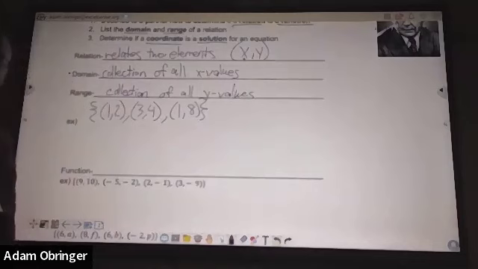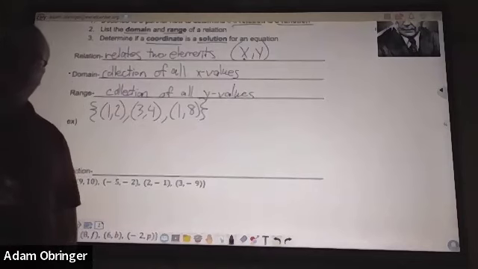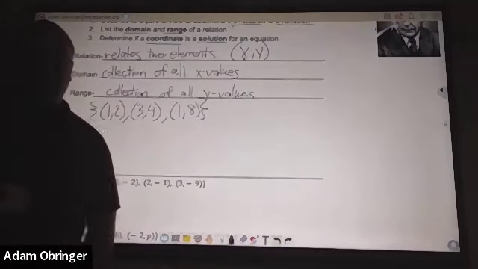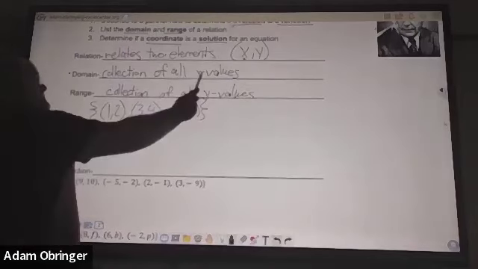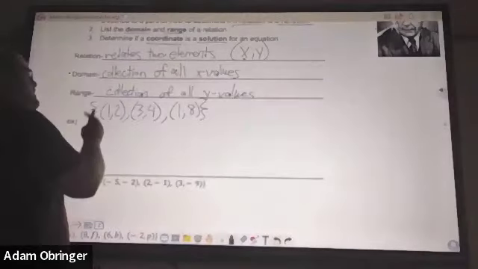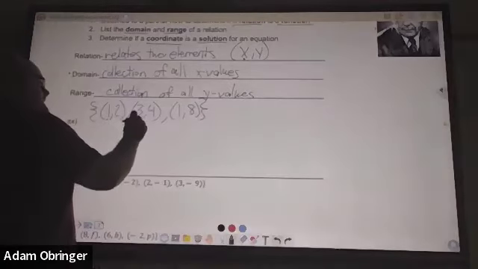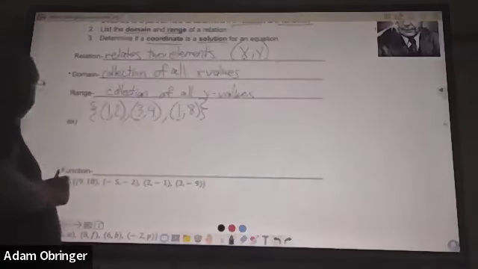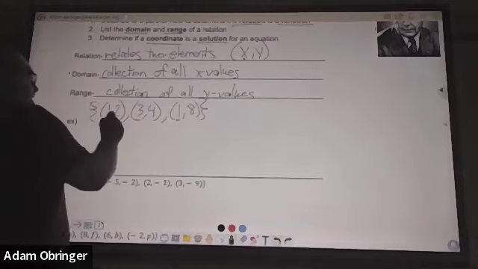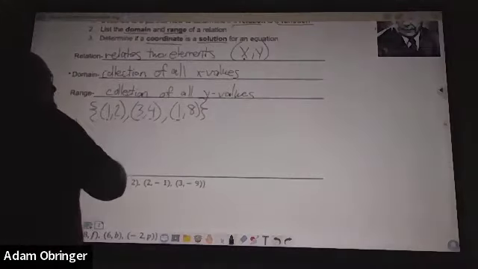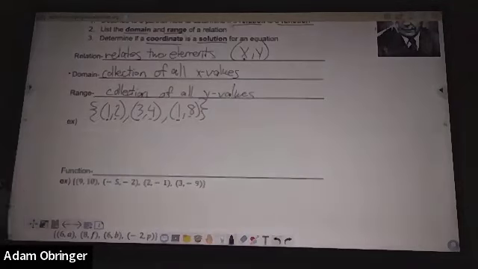If I was to go through and look at each of these coordinates, I could graph them, but if I was just picking them out, I would notice that each one is in the form x comma y. So I have an x of 1, 3, and then 1. And alternatively, I have a y of 2, a y of 4, and a y of 8.